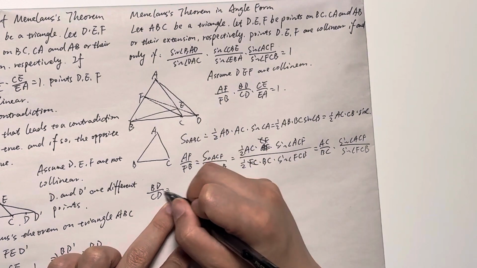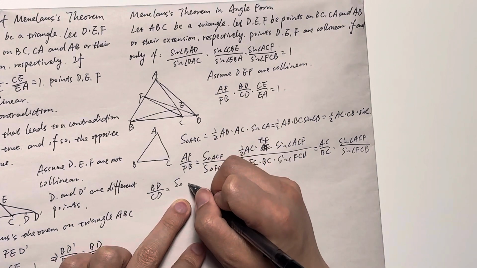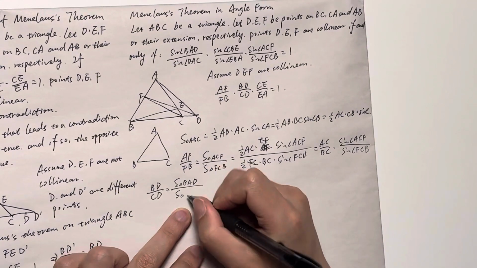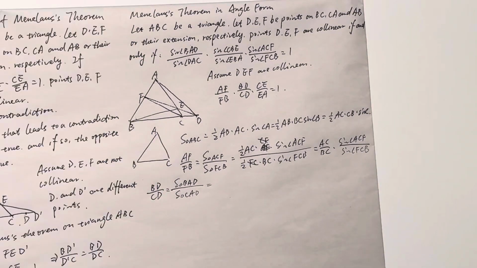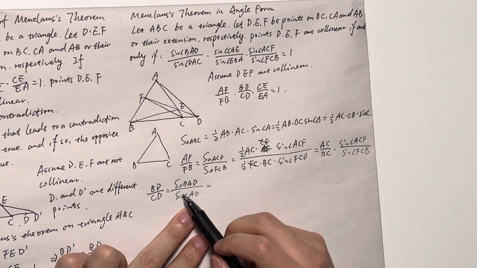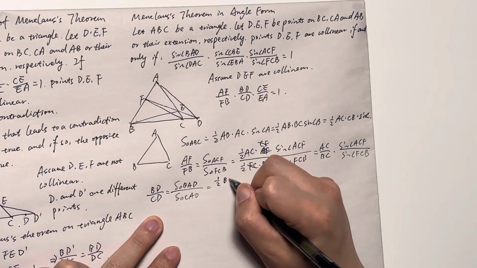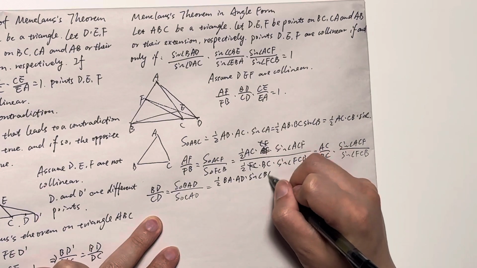That means BD divided by DC equals the area ratio of BAD divided by the area of CAD, right? Let me replace the pen. So the area of BAD equals half BA times AD times sine angle BAD.